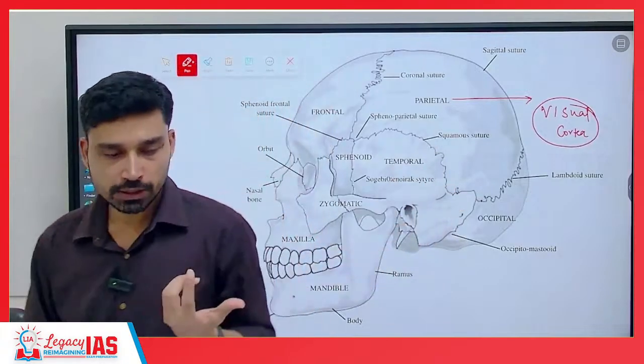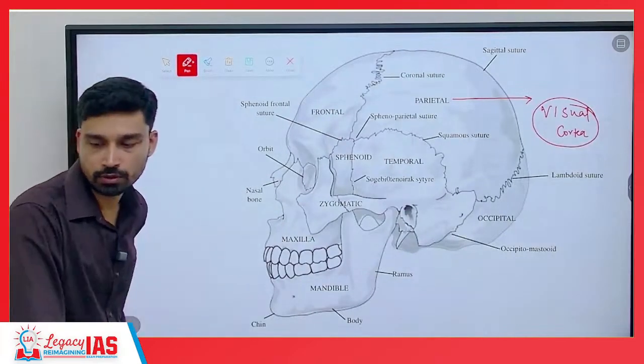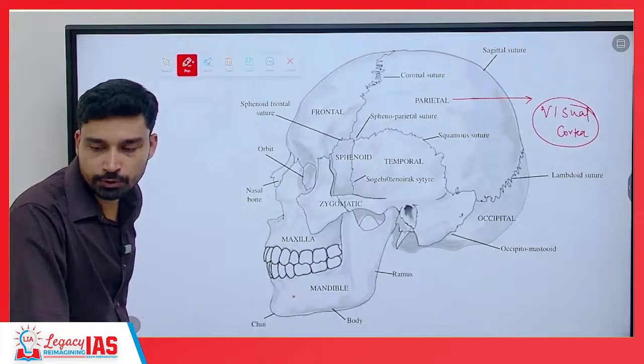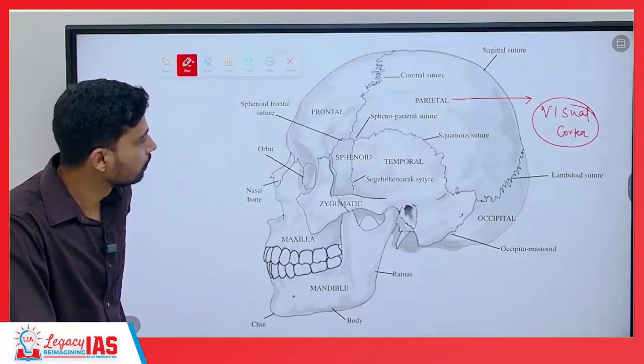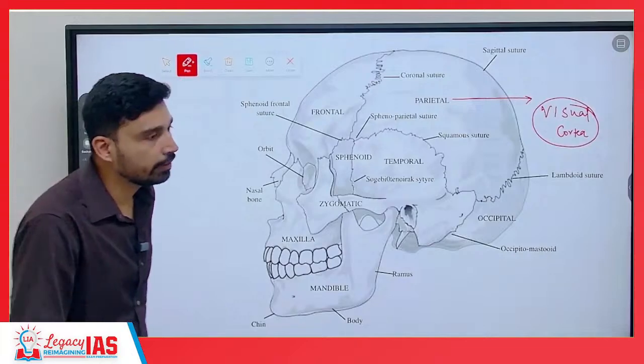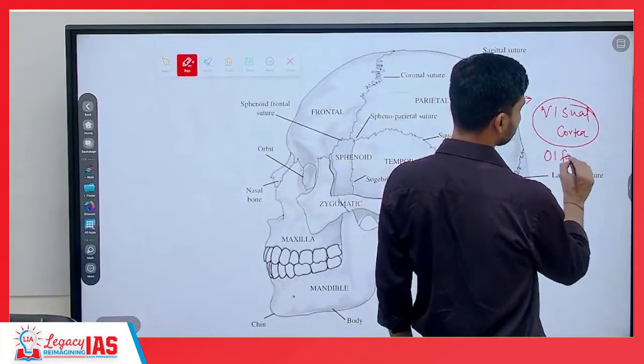So the visual cortex is well developed in man. You can write: visual cortex is well developed in man, while olfactory lobes are more developed in apes.